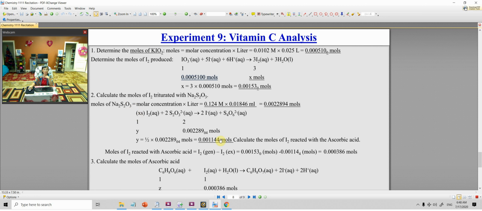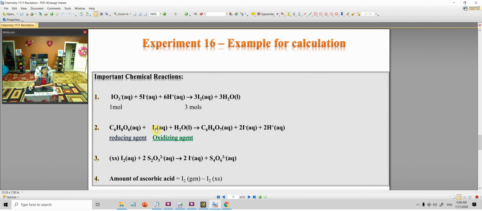So you calculate the excess iodine and then calculate the difference. This difference is the same as this iodine. The total generated minus the excess gave you the iodine moles.